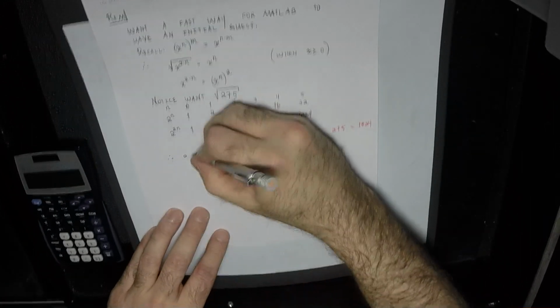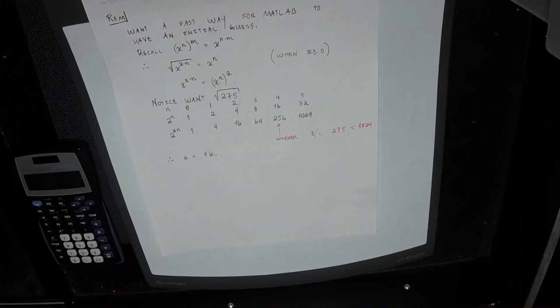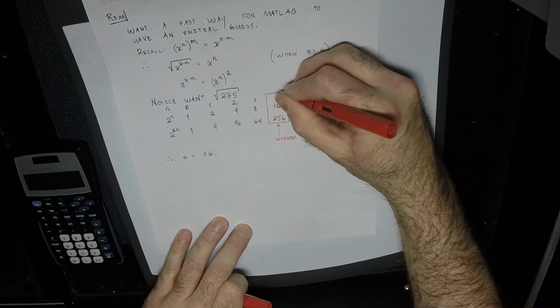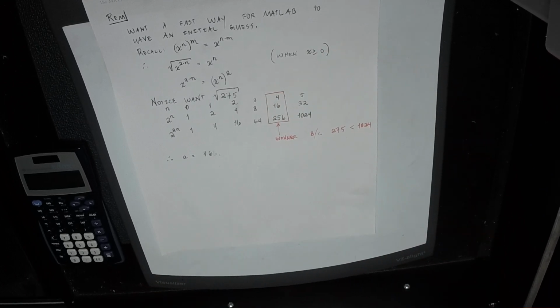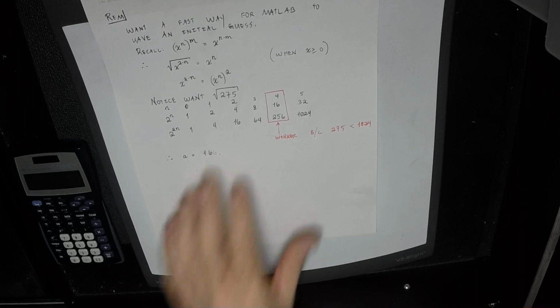So A is equal to the square root of. What I really meant is that this iteration was the winner. That iteration was the winner, and the square root that we want is that one. Good. That's our initial guess.